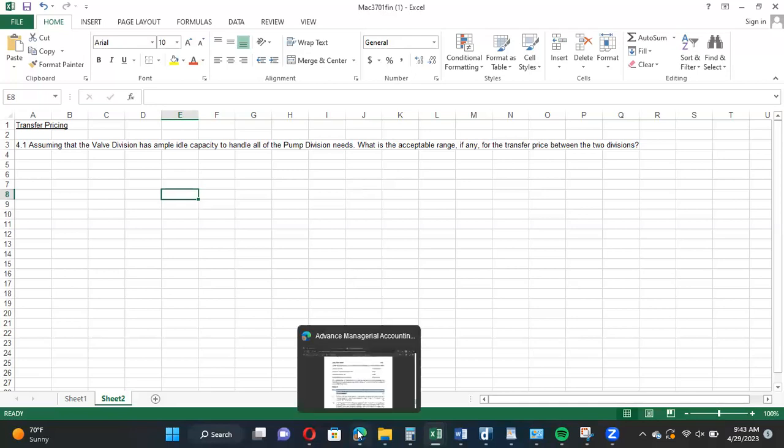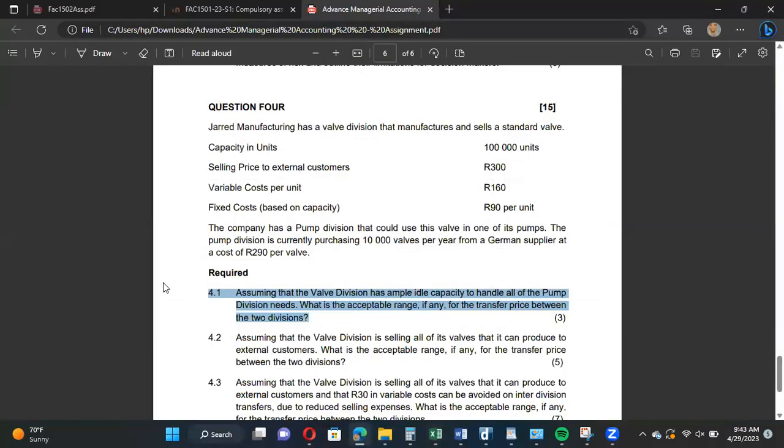So maybe if you can unmute yourselves here and tell me what you think. Looking at what's given here, what's the acceptable range? This is only 3 marks, so there's nothing complicated here. No calculations. But what range would be acceptable here?